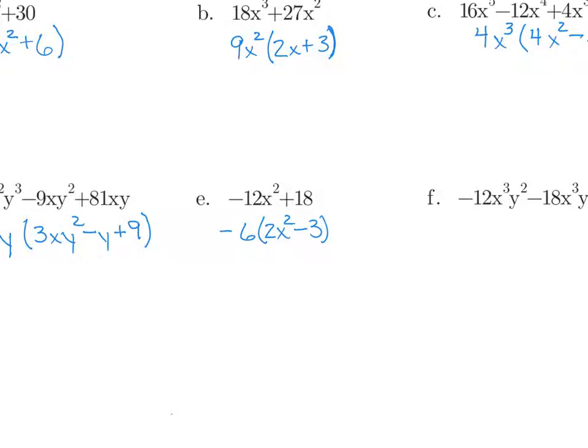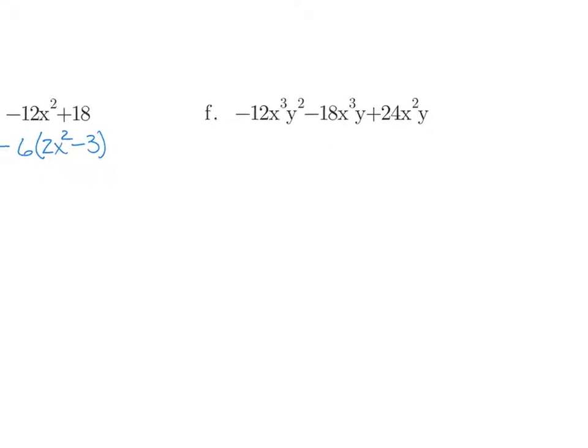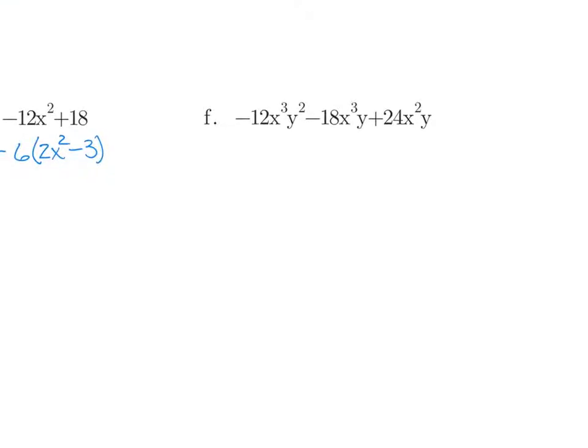All right, let's come over to example F, our last example. Again, I want to factor out a negative. We're going to factor out the largest negative that goes into every single one of these terms, which looks like it is 6. So factor out a -6.